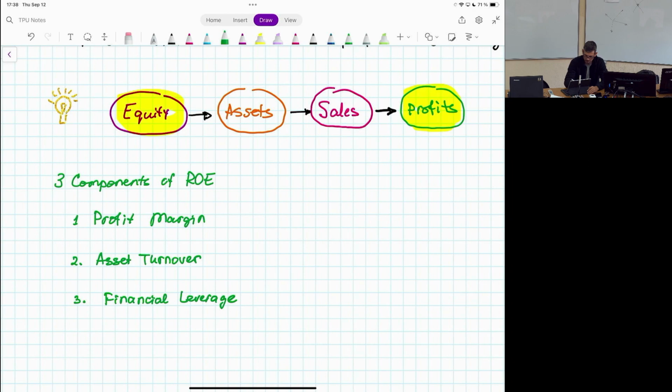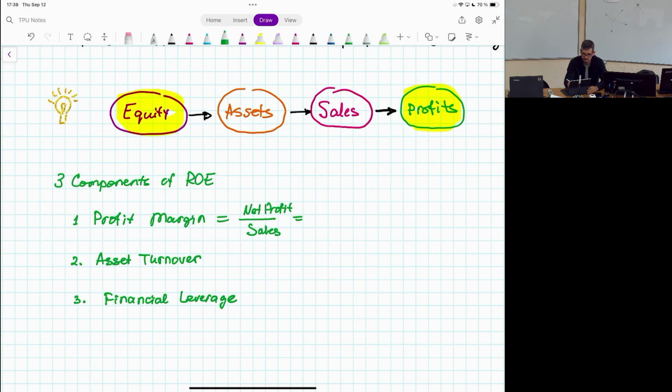So the profit margin component is also a ratio which is calculated by dividing net profit by sales. Net profit divided by sales. Okay, I'll write here net profit.